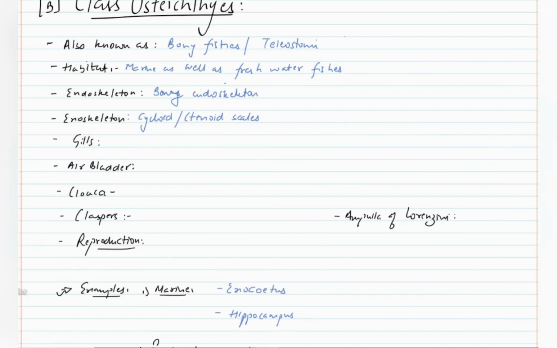Placoid scales are also called denticles because they have a layer of dentine. In cycloid scales, the dentine layer is absent, and cycloid scales grow in size as the size of the fish grows, whereas placoid scales do not grow in size. Instead, new scales are added as the fish grows. So this is the difference between cycloid and placoid scales.